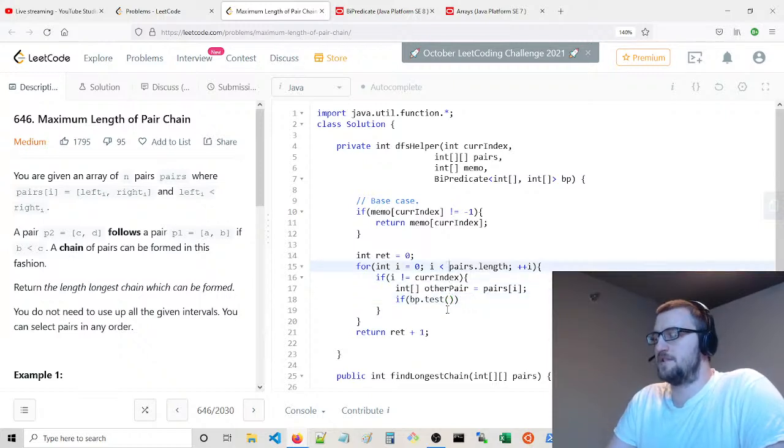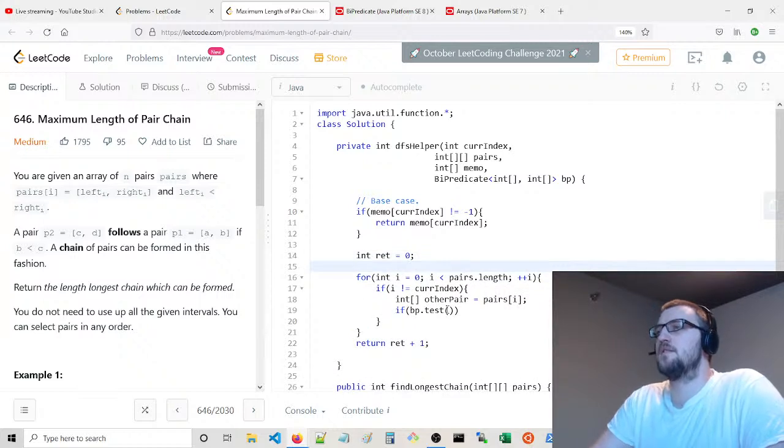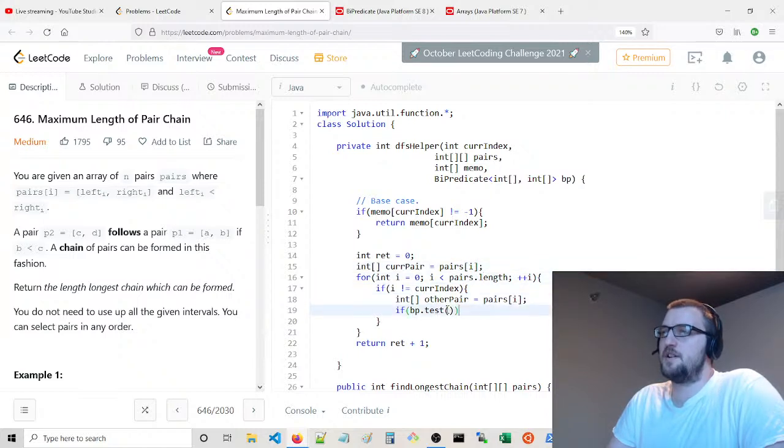And we want to say current pair is pairs of I, test current pair against other pair.